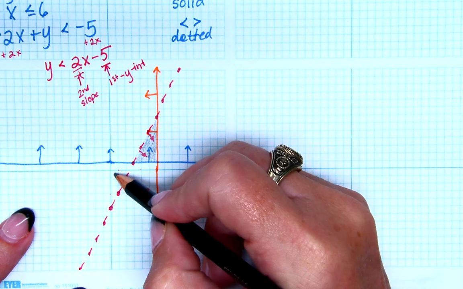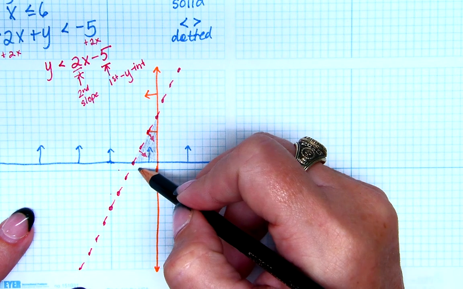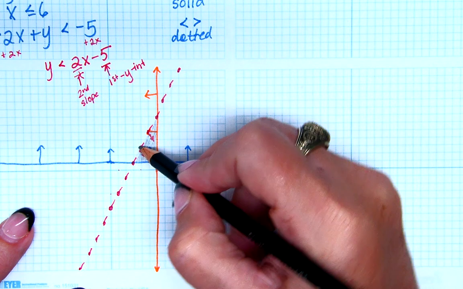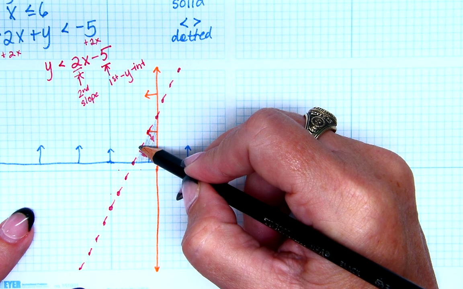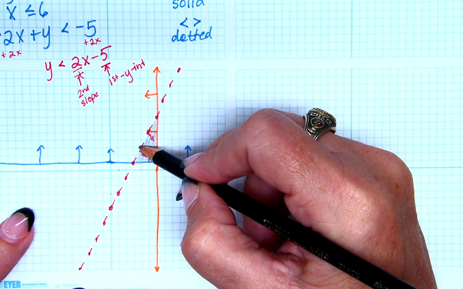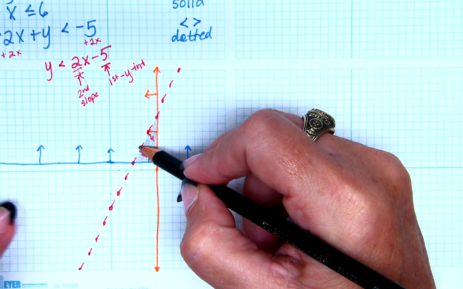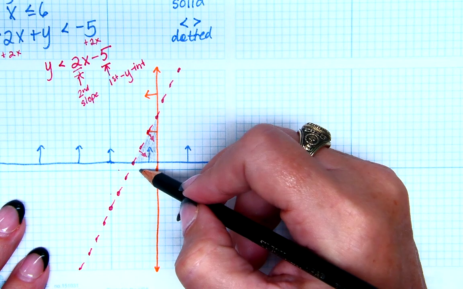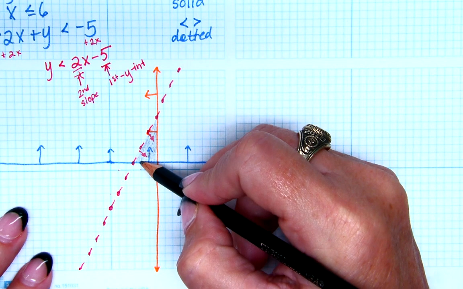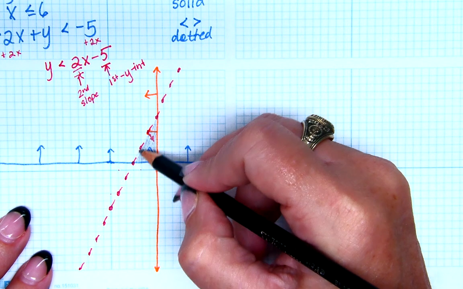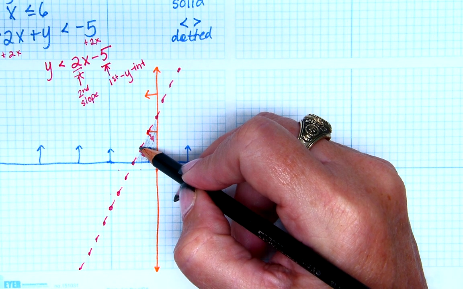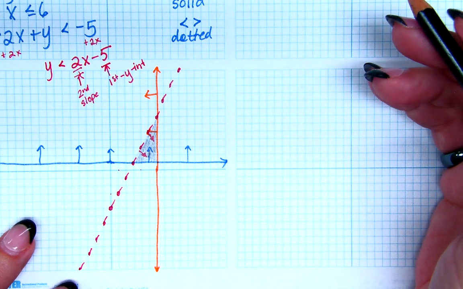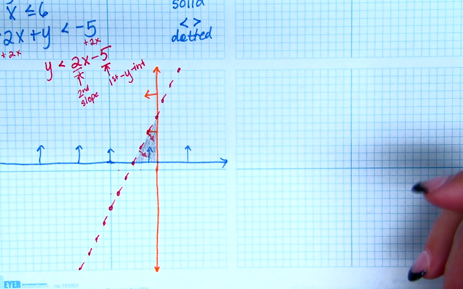Yes. Is the point (4, 3) in the shaded area? It's not, right? It doesn't even matter that it's on the perimeter, because (4, 1) would be in the shaded area, but it's on the dotted line. It's not in the shaded area. Does that make sense? Any questions about that?